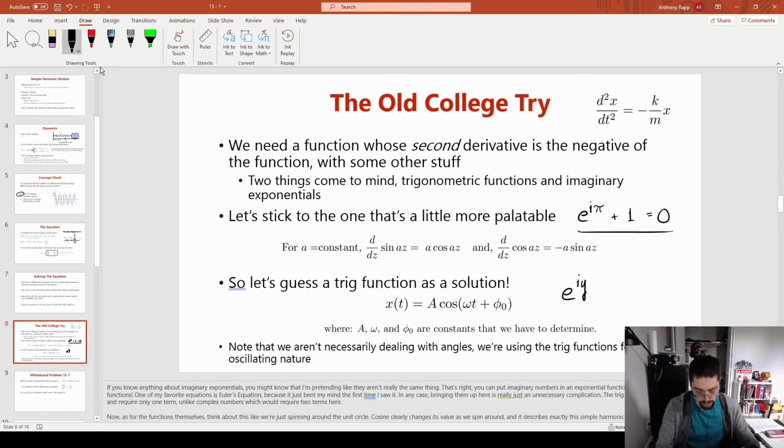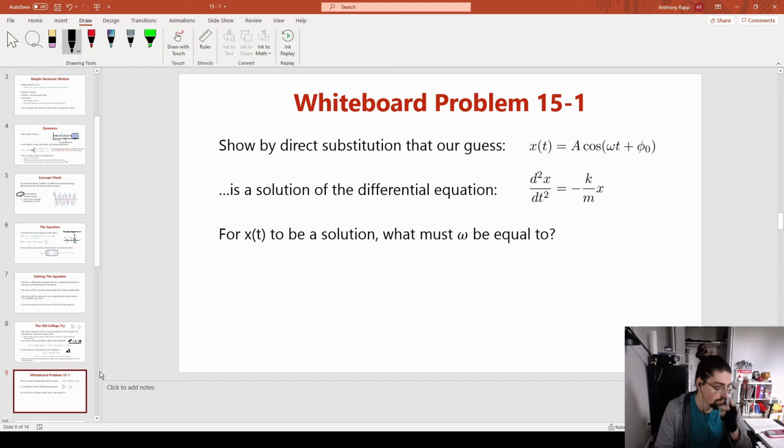But anyways, my entire point here was that we should start looking at an example. This is my guess. This is what I think works very well to satisfy this right here. Your job is to prove that it works, and to figure out, do any of the variables that I've listed here, A, omega, phi naught, need to have strict conditions to make it true?